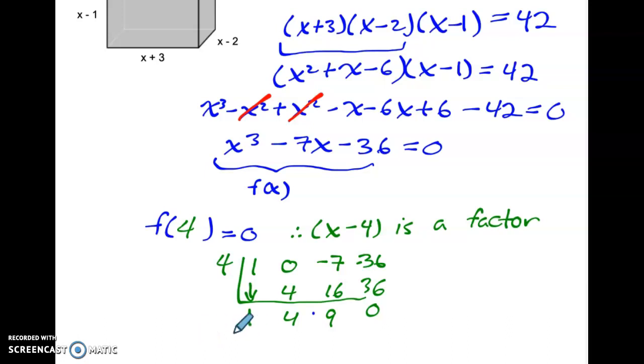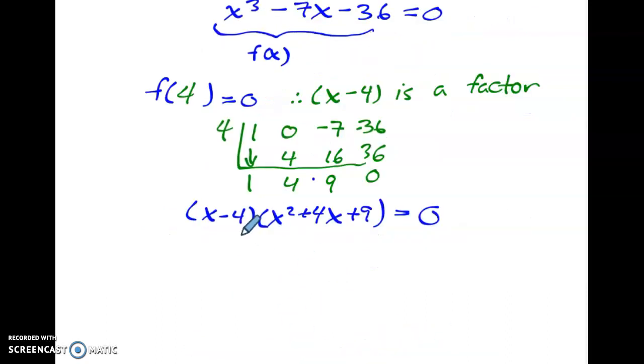And we get that f at x is equal to x minus 4 times x squared plus 4x plus 9, and it is equal to 0. We would try and factor that quadratic, which in this case we can't, so we're going to have to do quadratic formula.